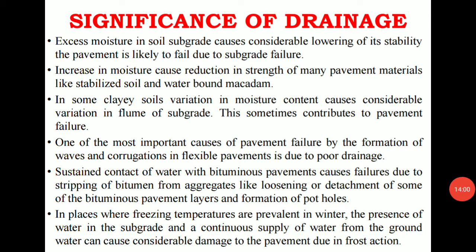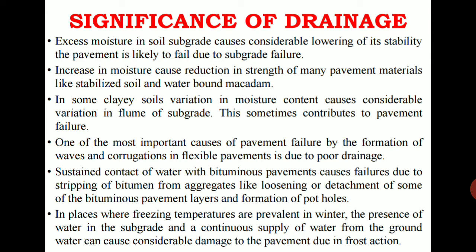So here, whatever materials we have used in the construction of the pavement, that is bitumen, the binding material, and then the aggregate. In this case, if that bituminous binding material is in contact with water, that may cause stripping, the separation of the aggregates from the bitumen material, right?